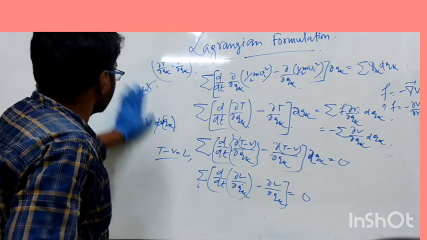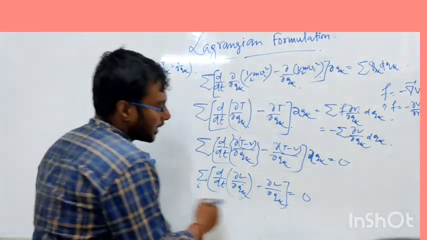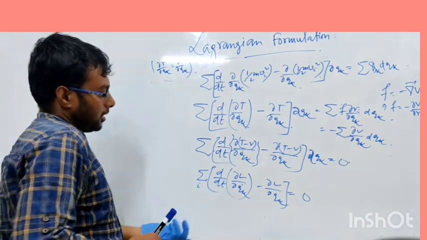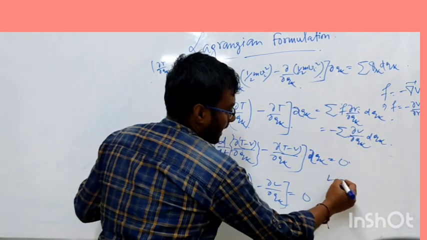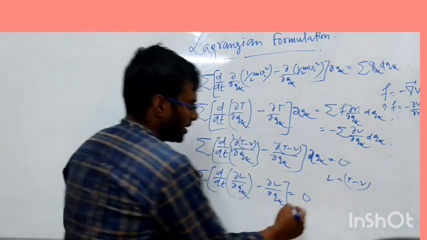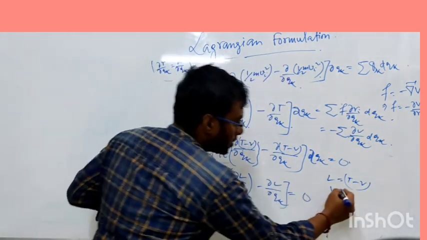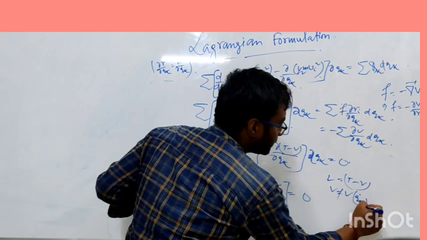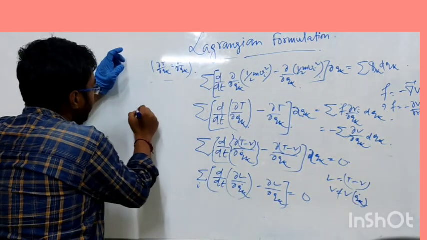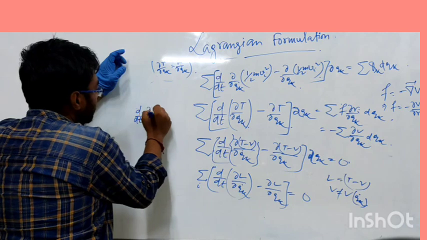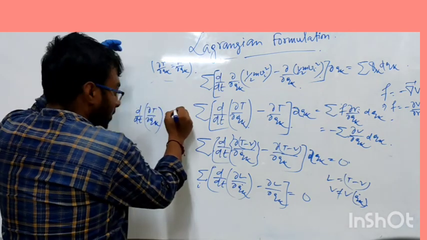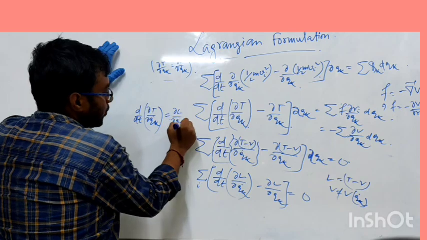So how can we get Newton's formula from this equation? Now we know that the Lagrangian equals T minus V, but V is not a function of Qk dot. So we can write the first term as d/dt of del T del Qk dot, which will be equal to del L del Qk.